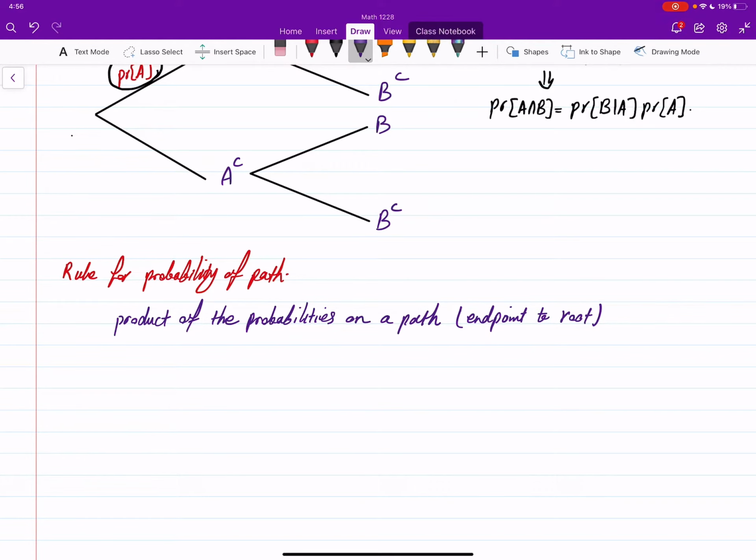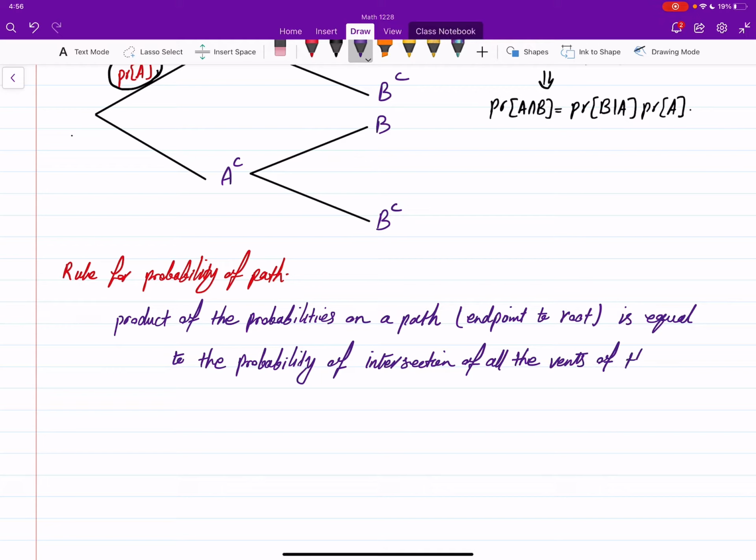So you multiply all the numbers you see on the labels from a terminal point to the root, and that is equal to the probability of the intersection of all the events of the path.